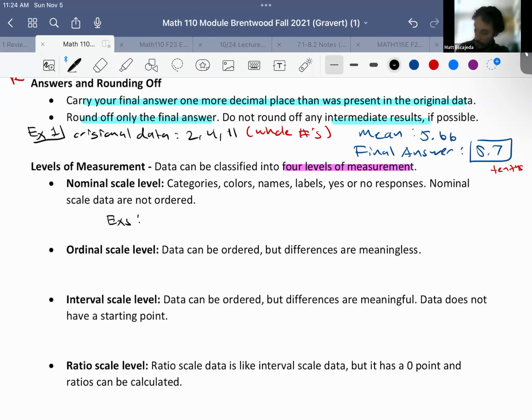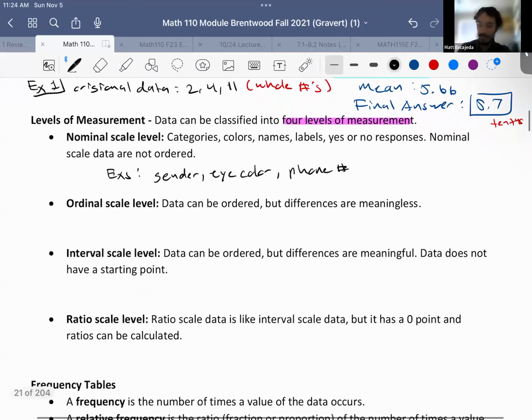Examples would be gender, eye color, phone numbers. Things like that. That's what nominal scale level categories are.